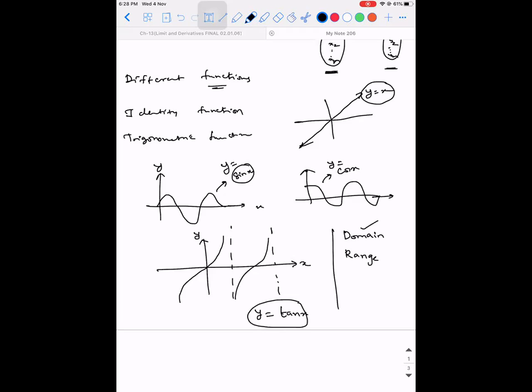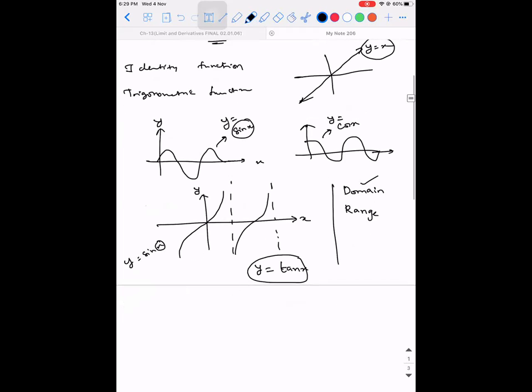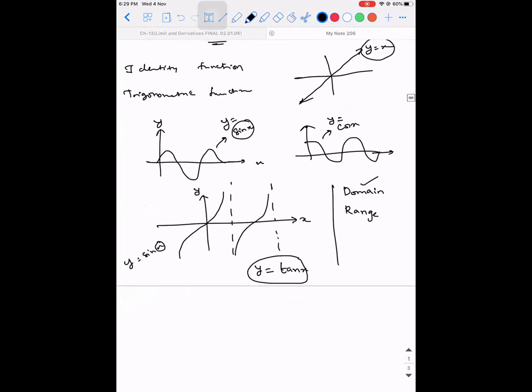For example, if I have y is equal to sin x, I need to think of the values of x that I can substitute so that I get a finite value of y. Whatever value of x I substitute, in the case of sin x the value of y will always be finite, because the maximum value the sin x graph reaches is 1 and the least value is -1.